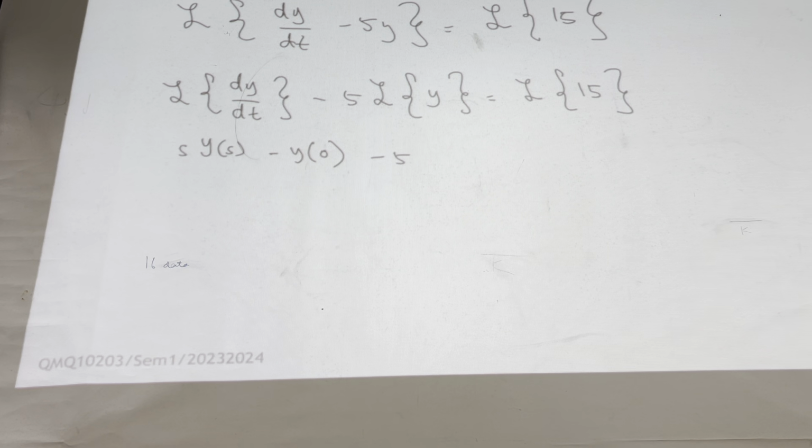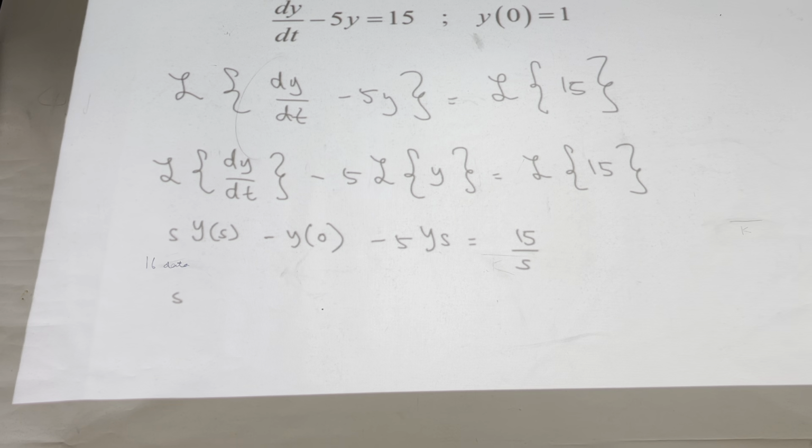So now we have the initial value y(0). This is equal to 1, so you substitute into this one. So we have sY(s) minus 1 minus 5Y(s). So I put this one in bracket also, equal to 15 over s.